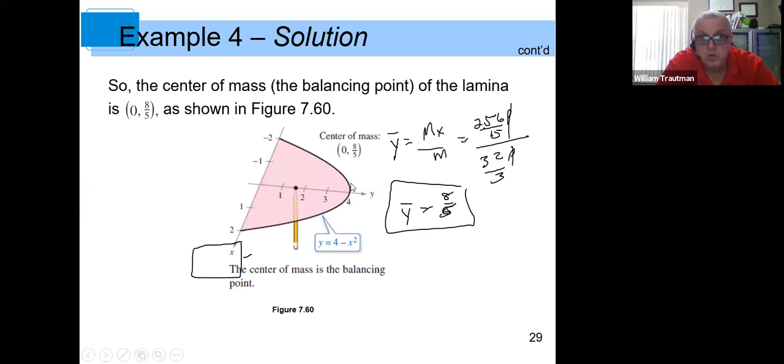So they're going to show the moment. Once again, the x, since this was perfectly balanced, symmetrical, is going to be 0. The y we got is 8 over 5. Right there at that point is its balancing point, the center of mass.